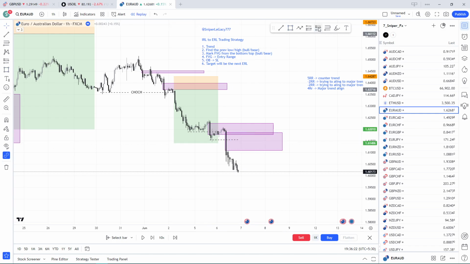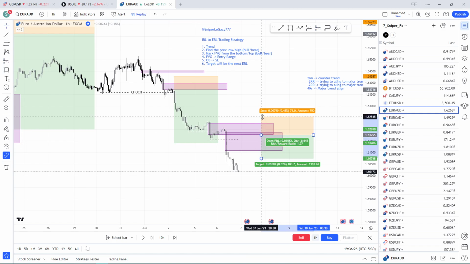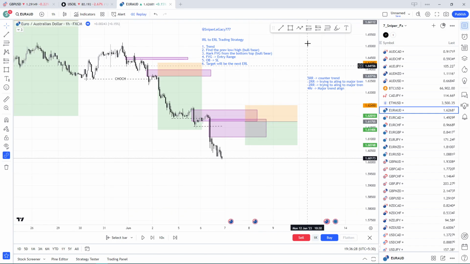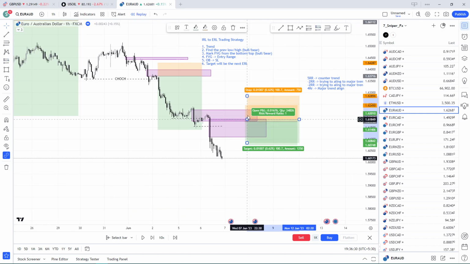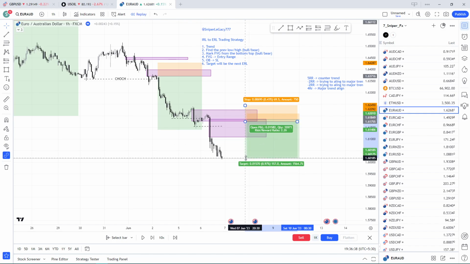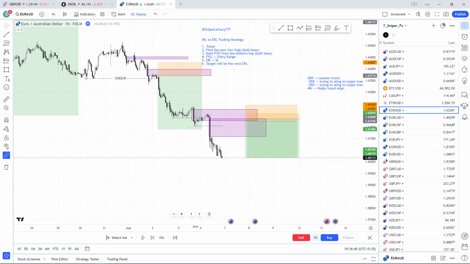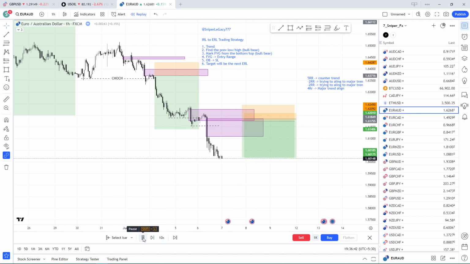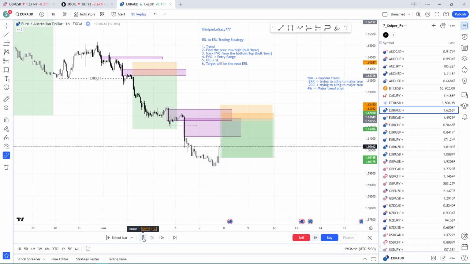So I have to take both the trades, one trade, second trade. So I have to mark the ERL. Maybe as of now this is our ERL, so I'll play and see how the market comes back.